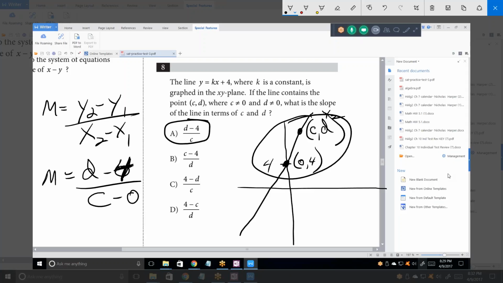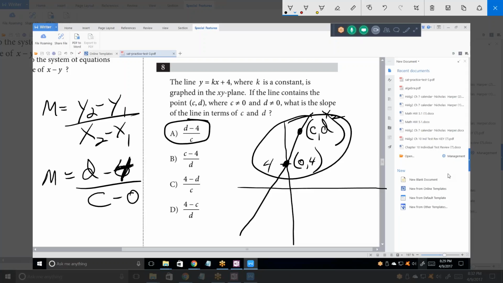Notice that I never really had to solve for k. I didn't care what k was. Once I drew the picture and got my two points labeled, figuring out the slope between those two points is actually pretty easy. They asked me basically to solve for k, what is the slope of the line?